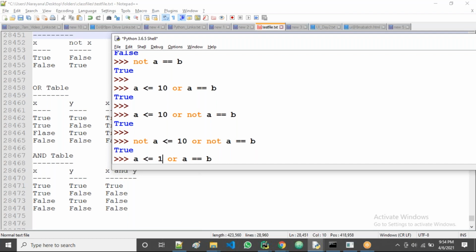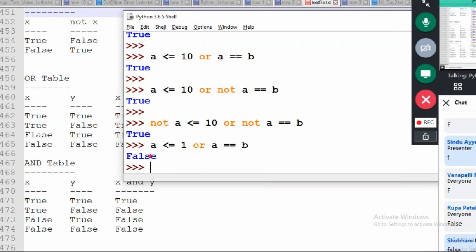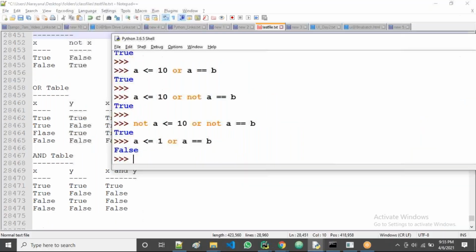Tell me now, this one, true or false? Yes, guys, false. Why false? See, this is false, and it's also false. So false or false. What does it give here? It gives false, guys.